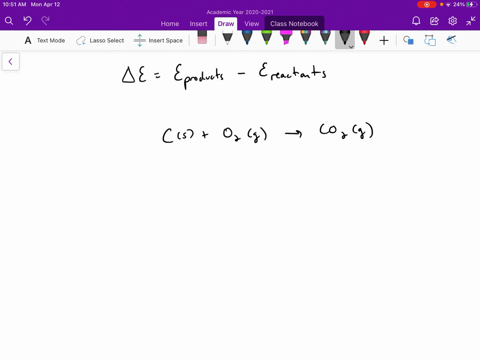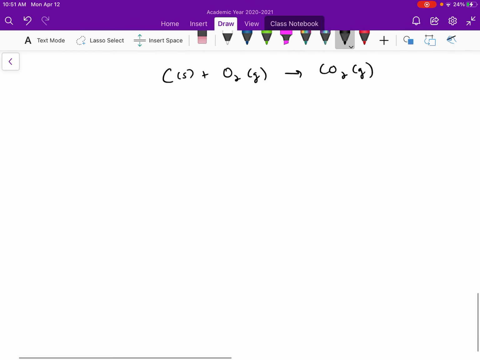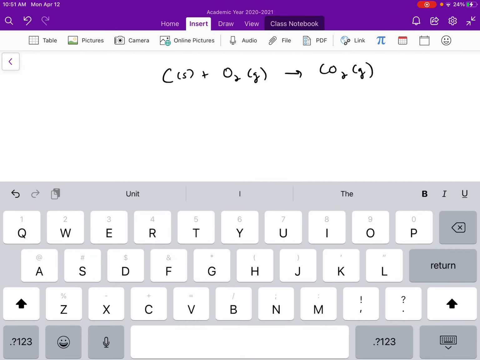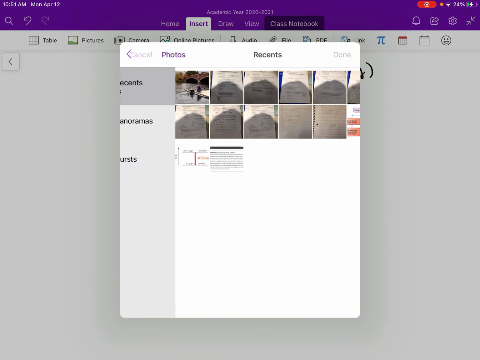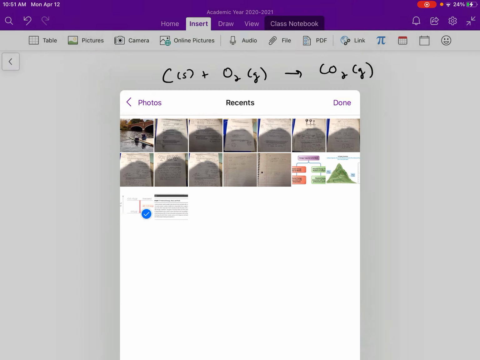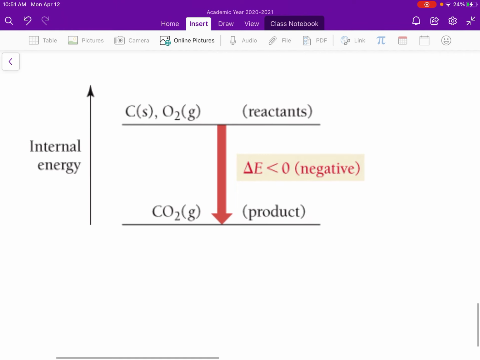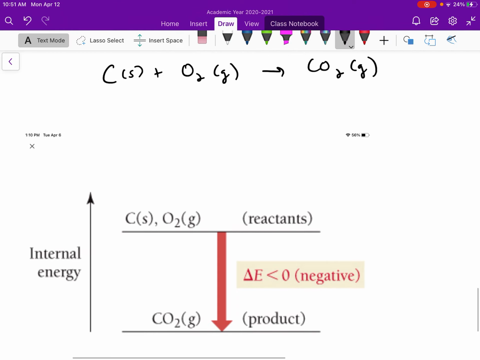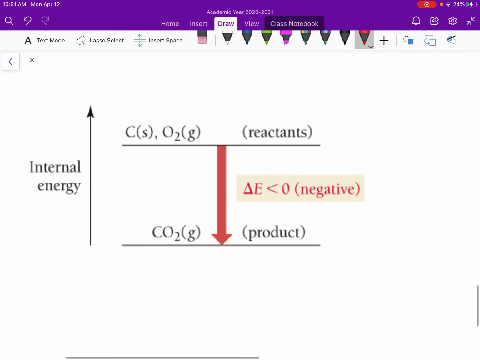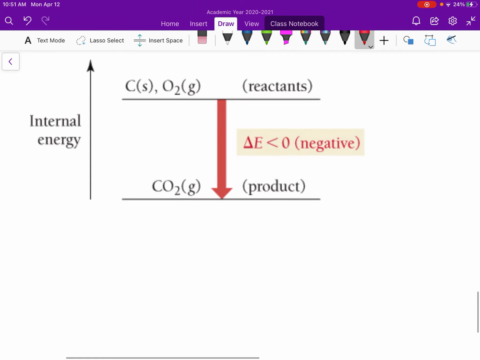Okay? And if we put this here, pictures, here we go. Okay? So my reactants, right, are here. Okay? And products are over there. So we get reactants to products.